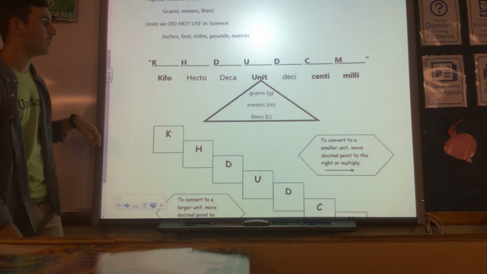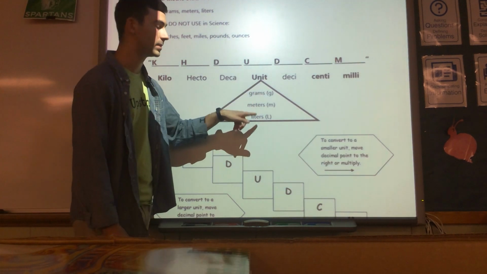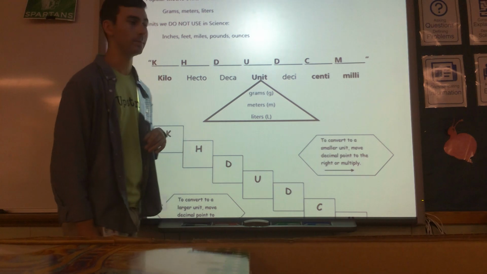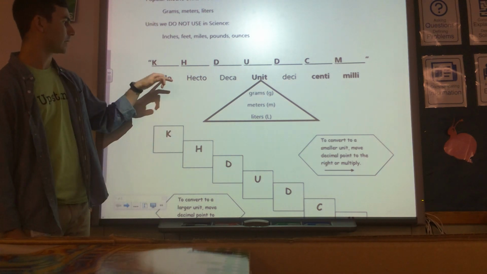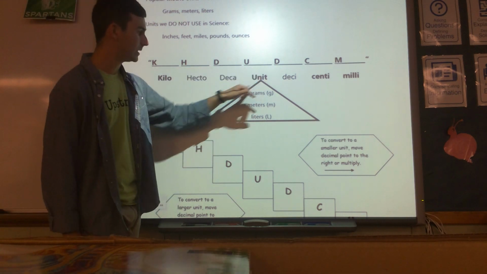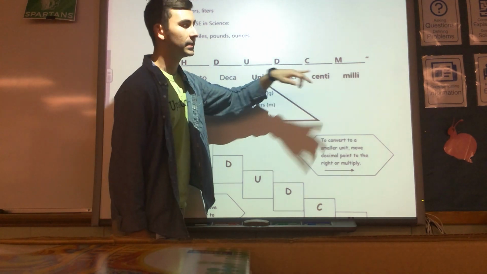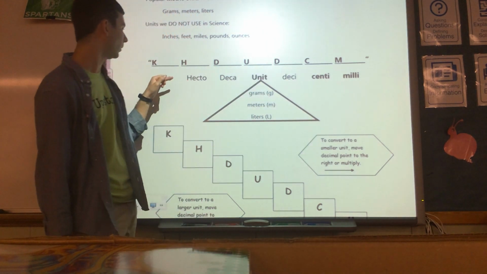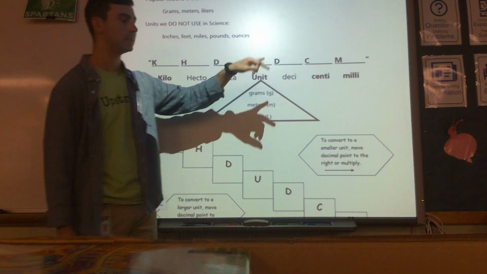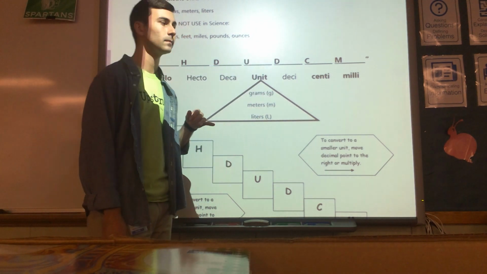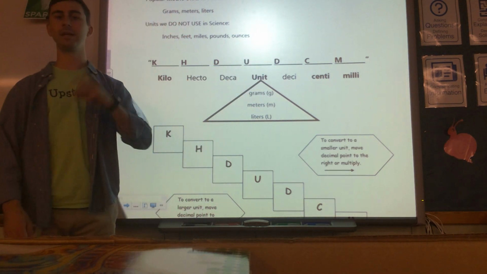We also need to know, in addition to grams, meters, and liters, the prefixes for the metric system. These prefixes are kilo, hecto, deca, our base units of grams, meters, liters, deci, centi, and milli. The ones that are bold, we use the most: kilo, centi, milli. Those prefixes just attach to the beginning of words.